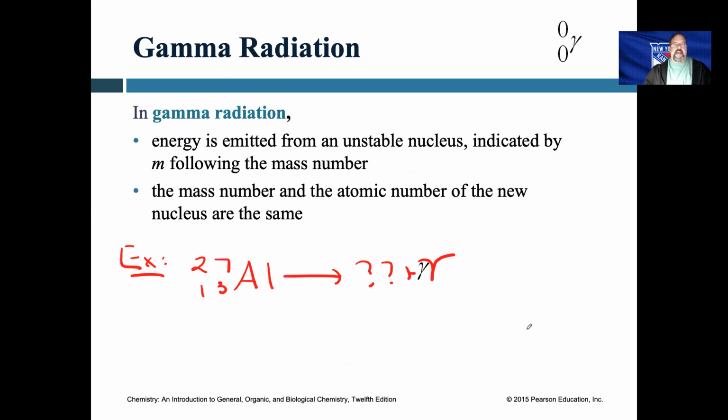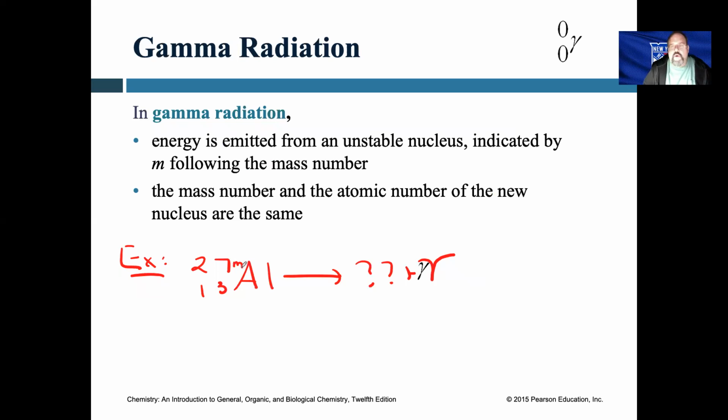Okay, gamma radiation. In gamma radiation, energy is emitted from an unstable nucleus, usually indicated by an M following the mass number. So in the example on the bottom, let me put an M to illustrate that would be the unstable nucleus.